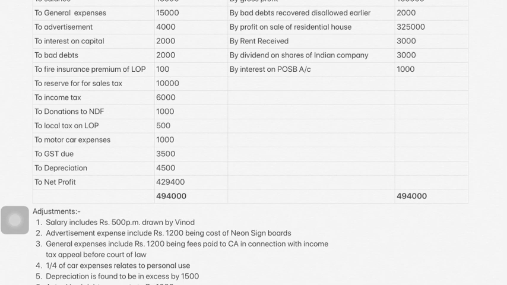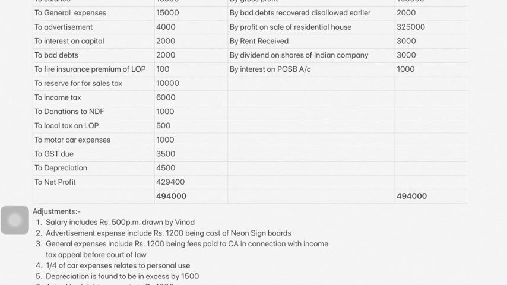Next, local tax on LOP. Okay. Again, this belongs to let out property. It does not belong to a business. Correct? So this also local tax 500, you have to take out the effect. So to take out this effect, you have to add to the net profit. To motor car expense 1000.